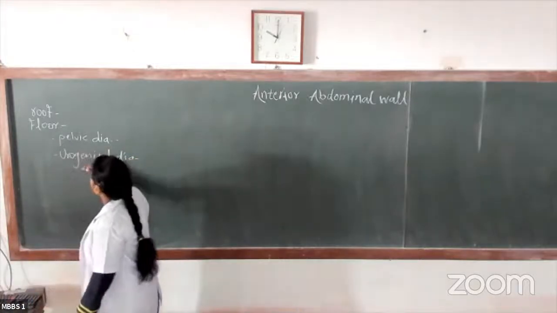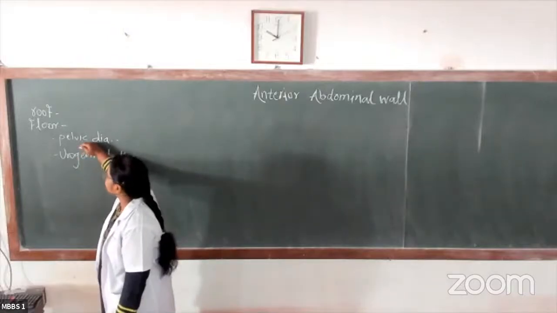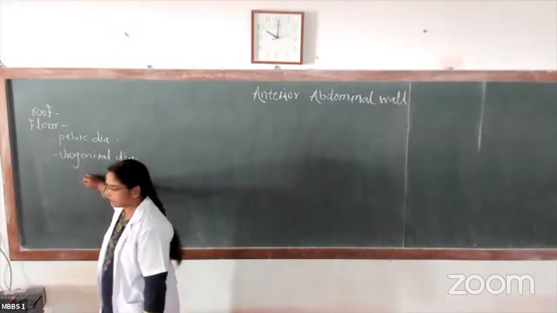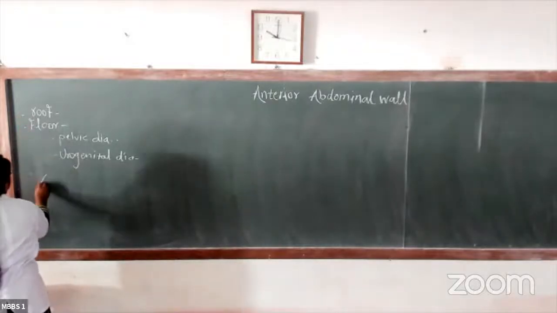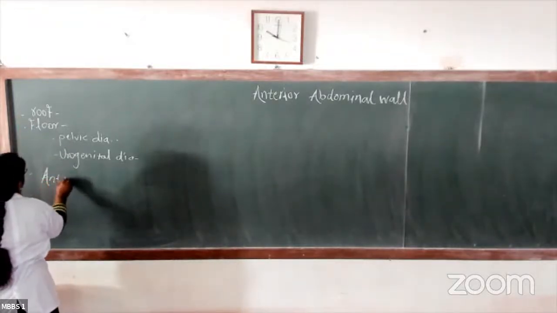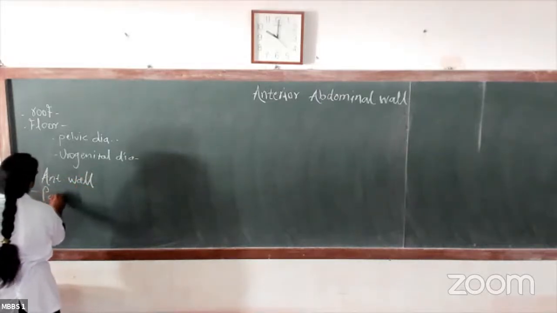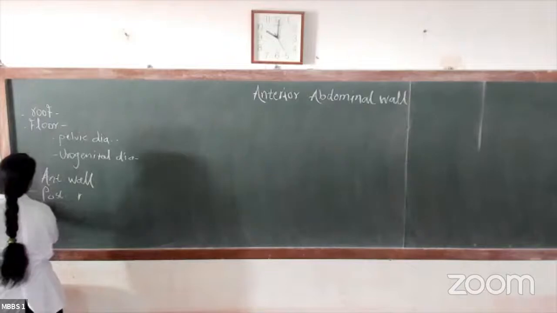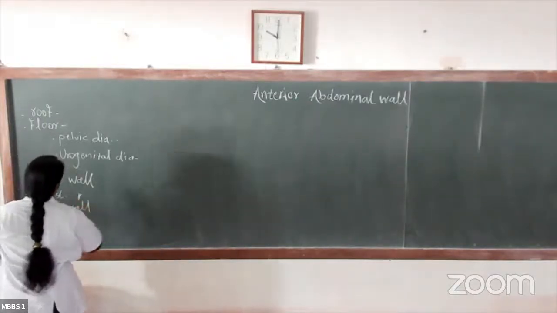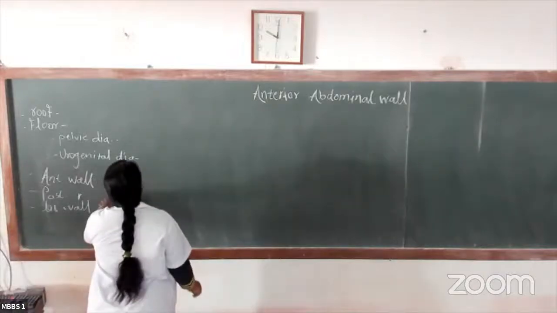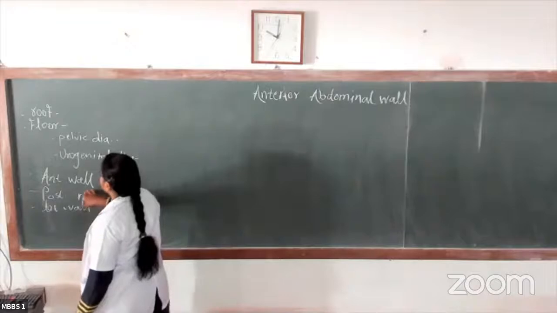The urogenital diaphragm is present in front, and the pelvic diaphragm is present behind. And this abdominal cavity, along with this roof and floor, has an anterior wall, posterior wall and lateral walls. We are now considering this anterolateral abdominal wall.